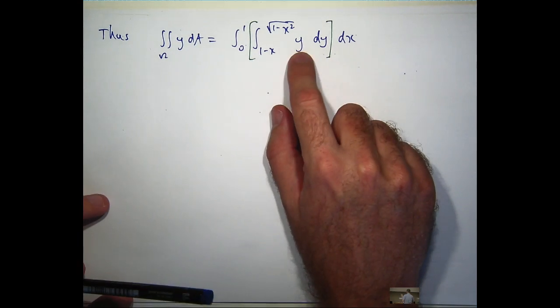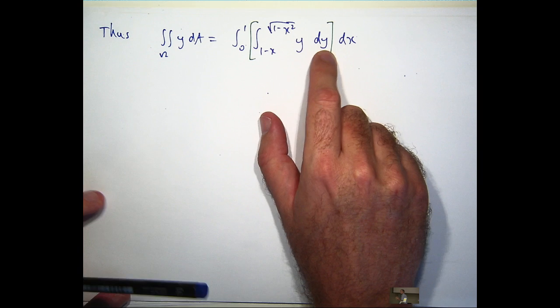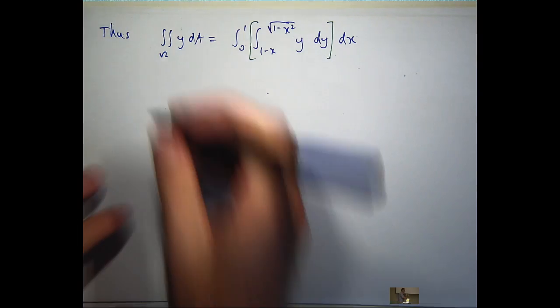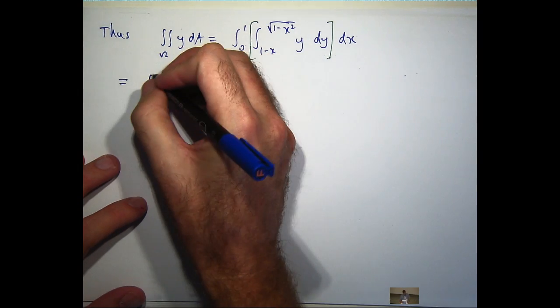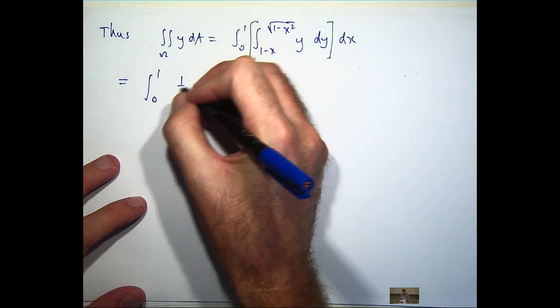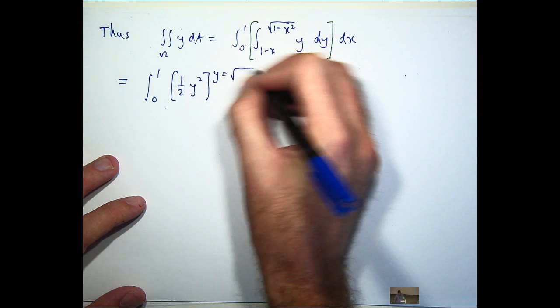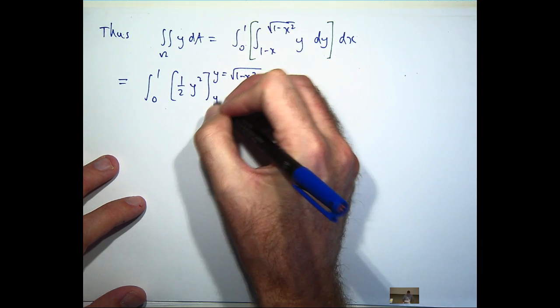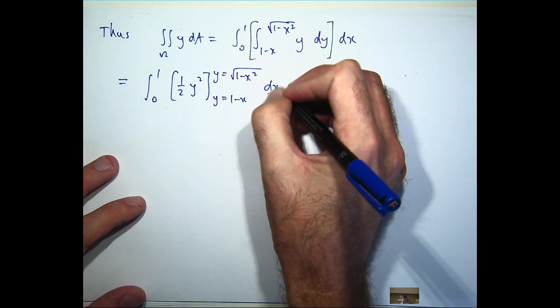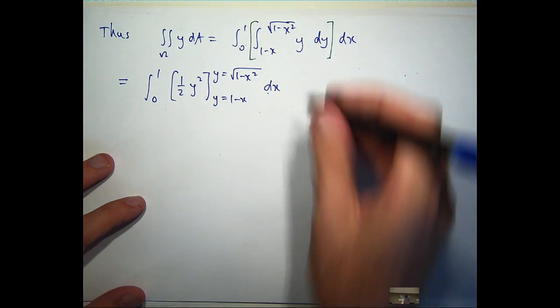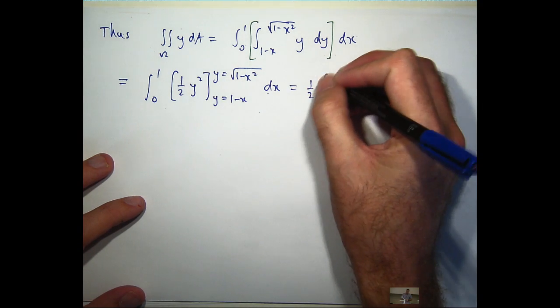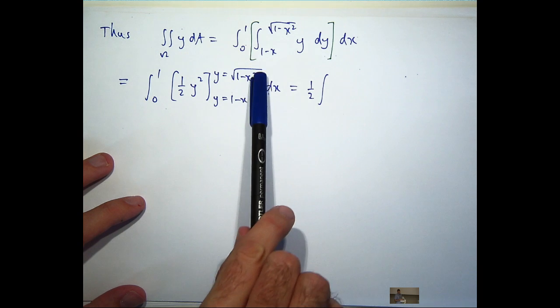So in the inside integral, I'm integrating y with respect to y, so I get something like a half y squared. So I can take that half out. When I plug in the square root sign, that's going to disappear.